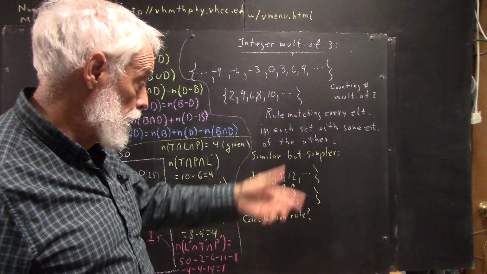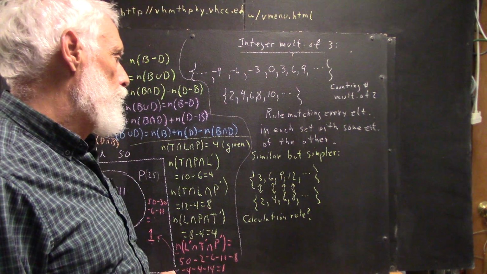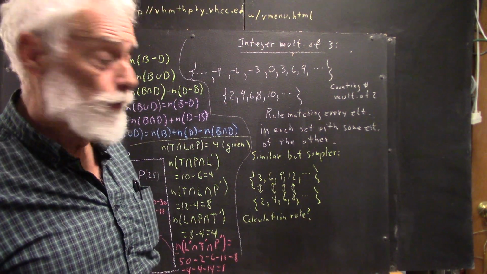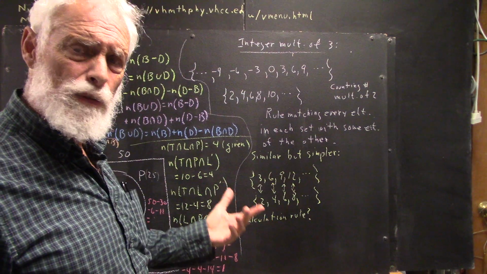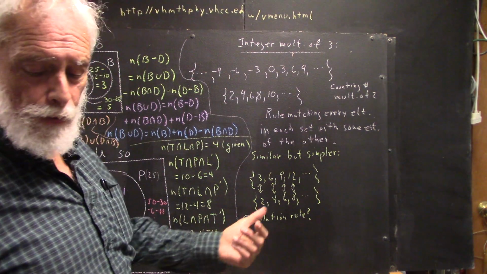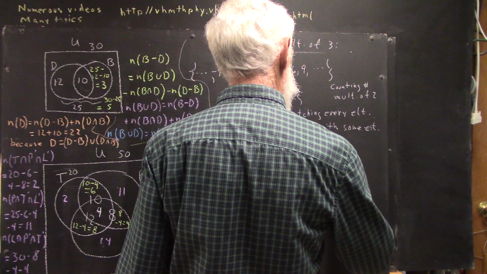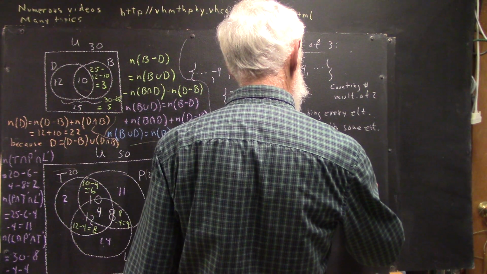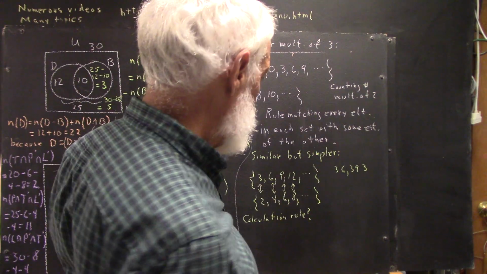Now that's great if we want to find the 75th number. But now if I give you a number in this set, like let's say 36,393.